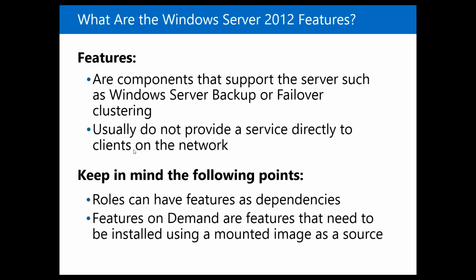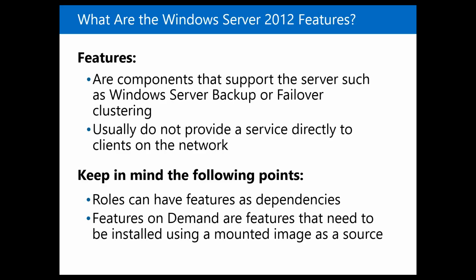Okay, what is a feature? Features are components that support the server, such as Windows Server Backup or failover clustering. Basically, you will go to the feature component and enable these features via the wizard.